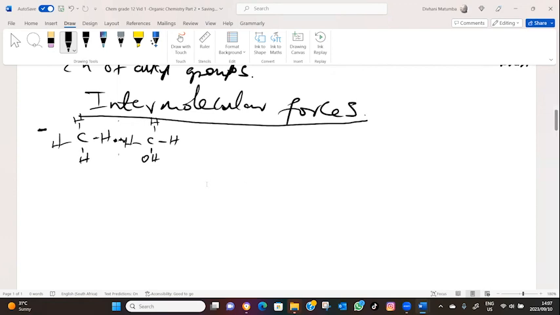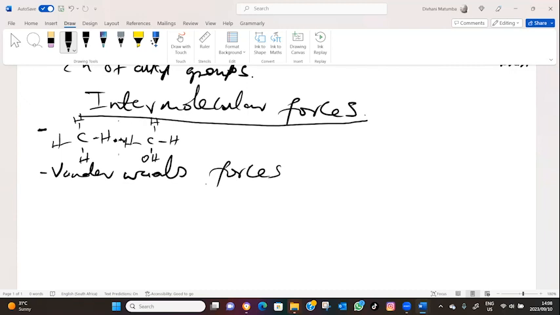Now, all the forces between molecules are called van der Waals forces. Now, within the group of van der Waals forces, we have three different groups.